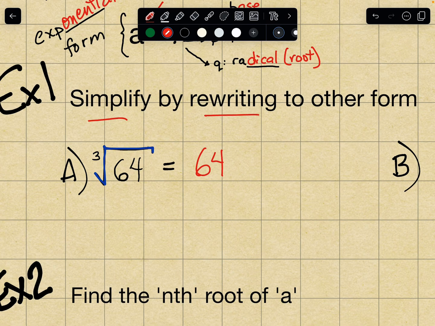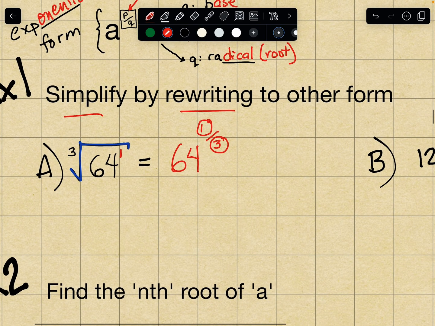Now, what's the power? And what is the radical? Well, the radical you can see, it's pretty easy. It's 3. That's the index that was sitting right here. But the power is hiding, and it's a 1. You recall, if there is no exponent, we can always assume it's to the first power.